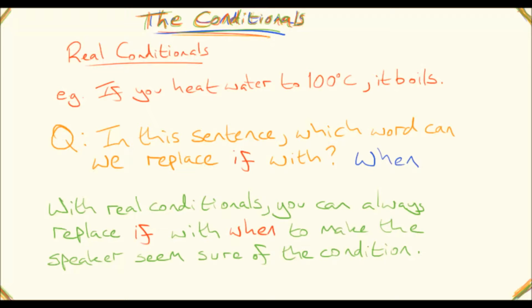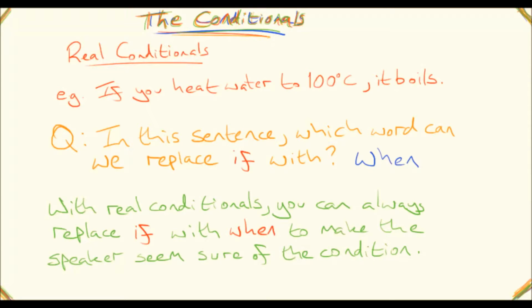with real conditionals, you can always replace if with when, and it will make the speaker seem sure of the condition. Now that's an important point. It won't necessarily make the condition more real or more likely. It will just simply make the speaker seem that they think it's more likely or more real.